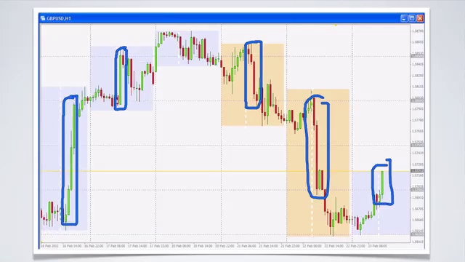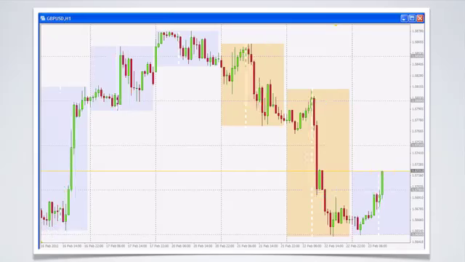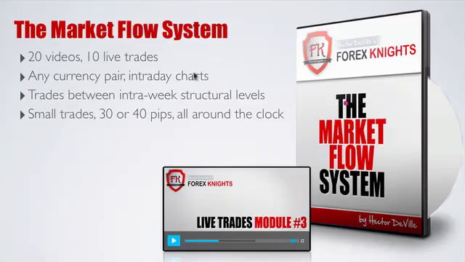Again, these are recurrent patterns that happen almost on a daily basis, as you can see, on any sterling pound cross or euro cross. In module number 3, you're going to learn all about the market flow system.